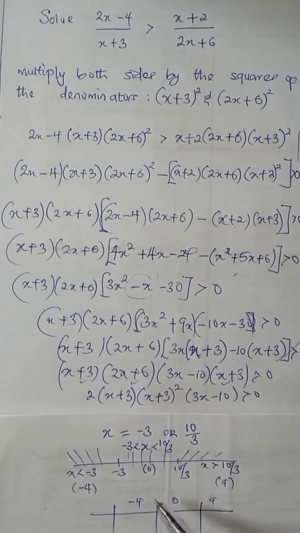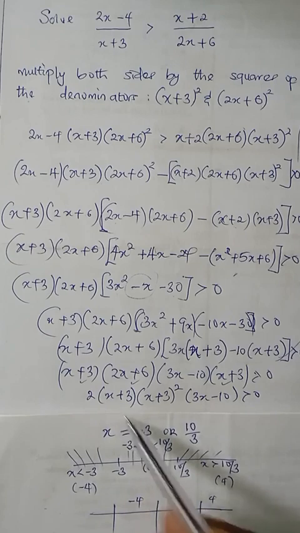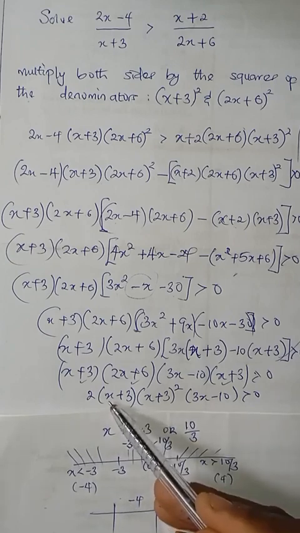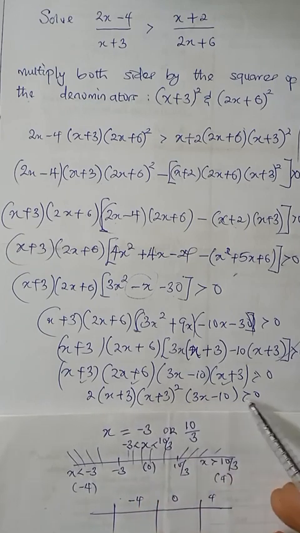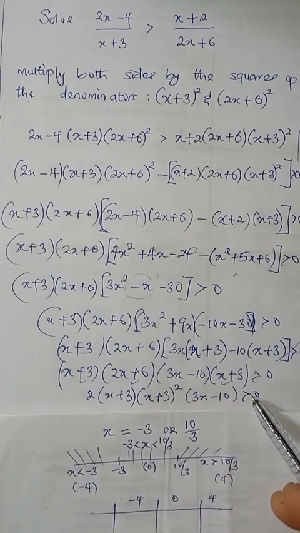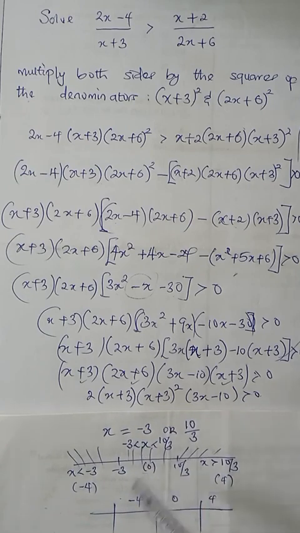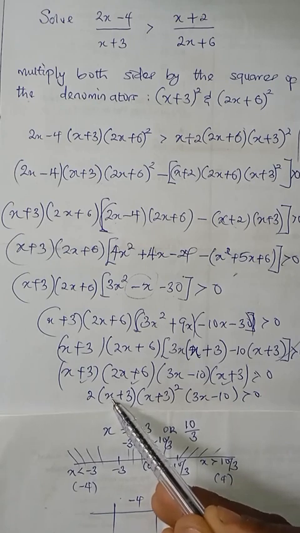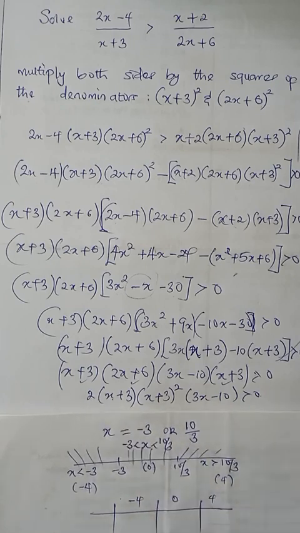So I'll substitute minus 4 in this expression, and see whether I'm going to get a number greater than 0 or less than 0, because it can either be greater or less. Good. So minus 4, of course, we can forget about this 2 because the 2 does not affect the sign.